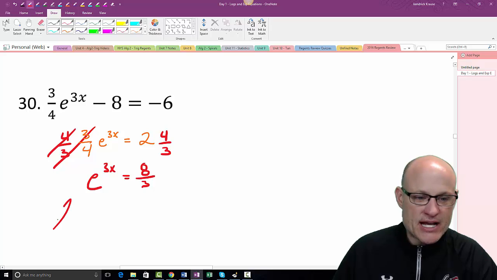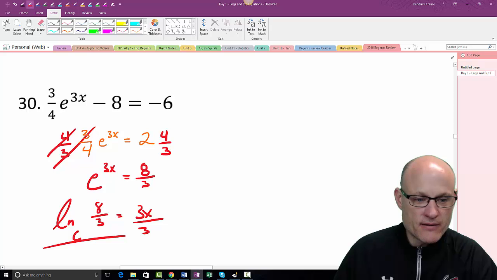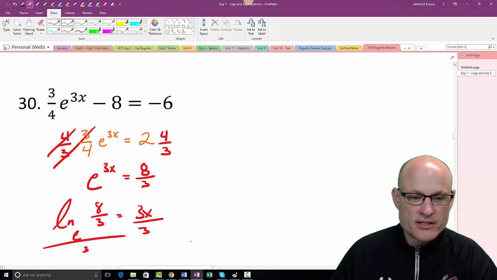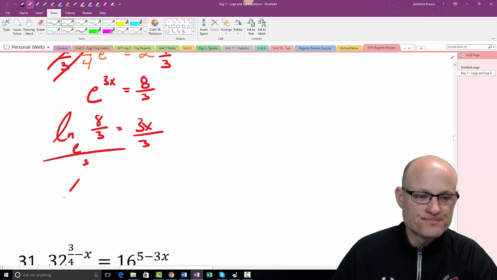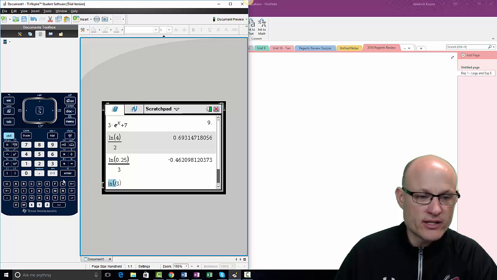So natural log base e of 8/3 equals 3x. We'll just divide by 3, divide by 3, and I get, let's see, the natural log of 8 divided by 3, enter, divided by 3.